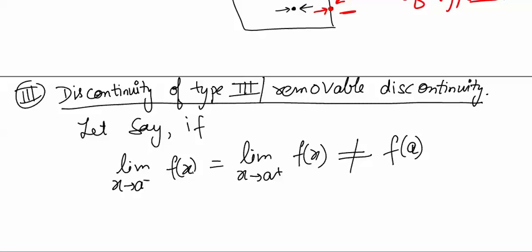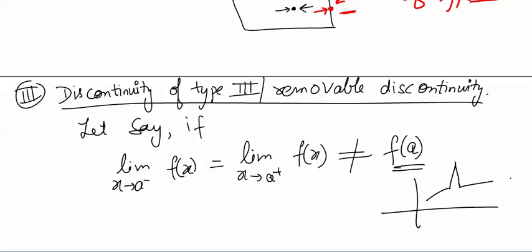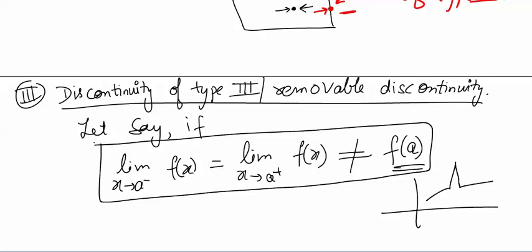In this case the limit is definitely existing, but continuity is not there. This will be discontinuous, f of a is not equal, right? You know the condition which I told you, there is a spike, right? So in this particular case we will say it is a discontinuity of type 3. So this is the condition for discontinuity of type 3. Clear? So these are the three types of discontinuities we can always discuss. Sometimes questions are asked on this particular fundamental also, right?